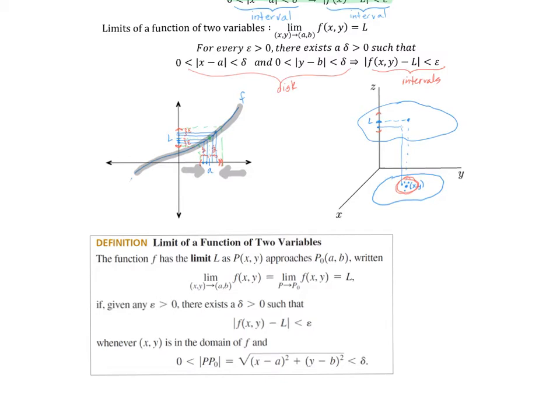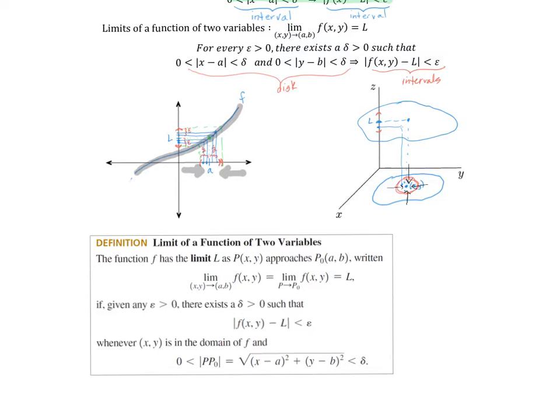So I have a problem when I'm looking at multivariable calculus. I can come in on some linear paths. Remember, for the limit to exist, every path has to give you the same z value.